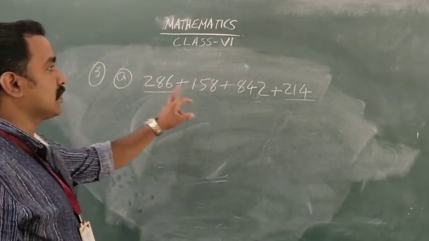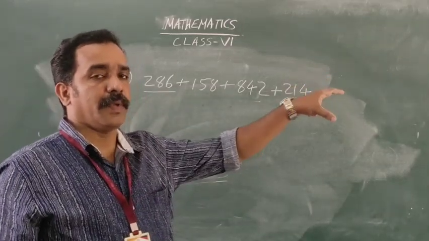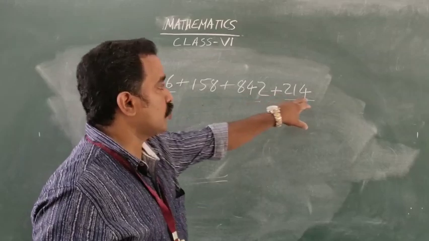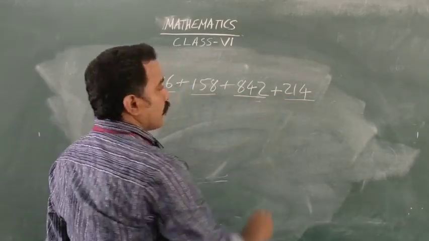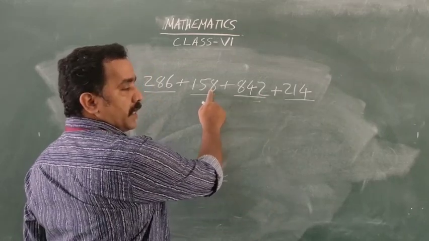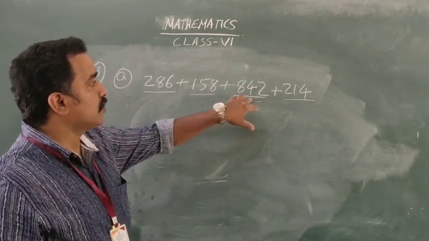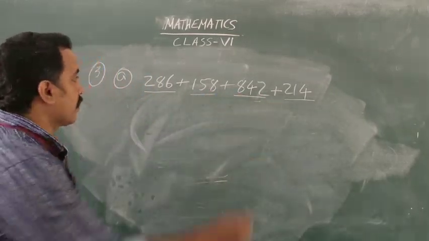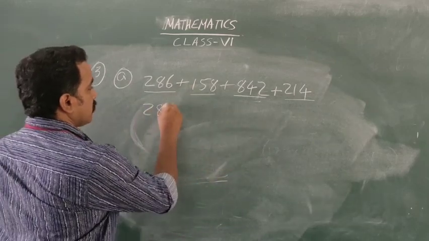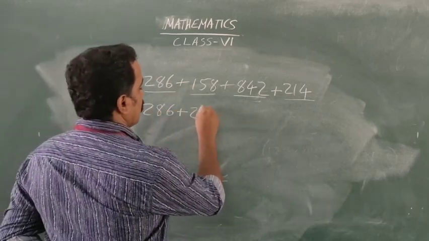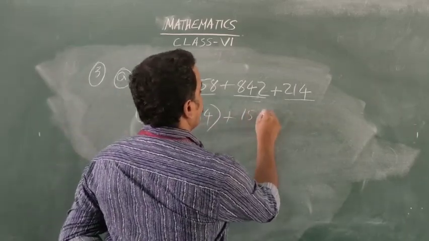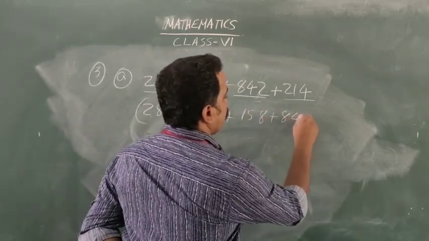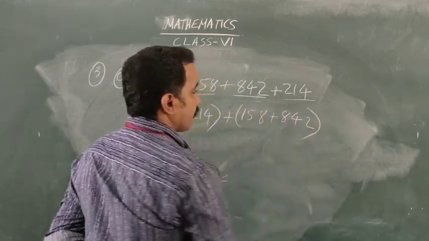If you add, 86 plus 14 will make 100. So I think these two we can group together, and 158 and 842. 2 and 8 makes 10. So adding this is easy and this is easy. You can regroup them. So 286 plus 214 first, then 158 plus 842 next.